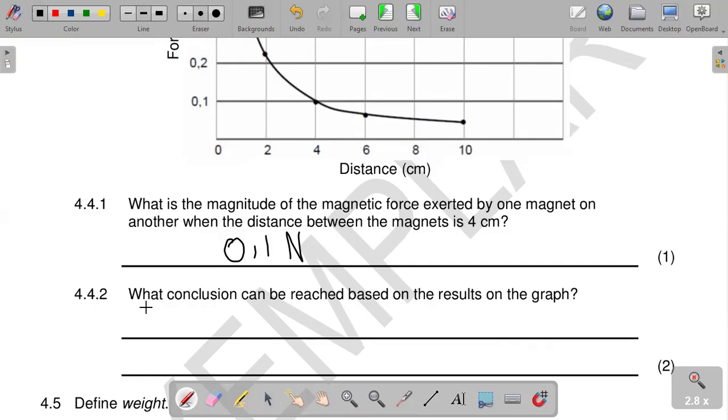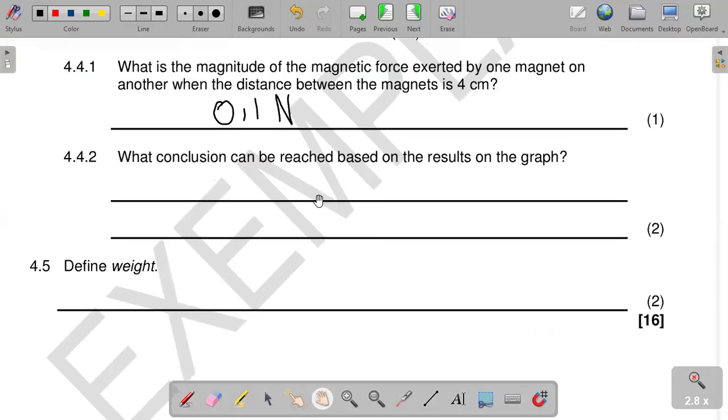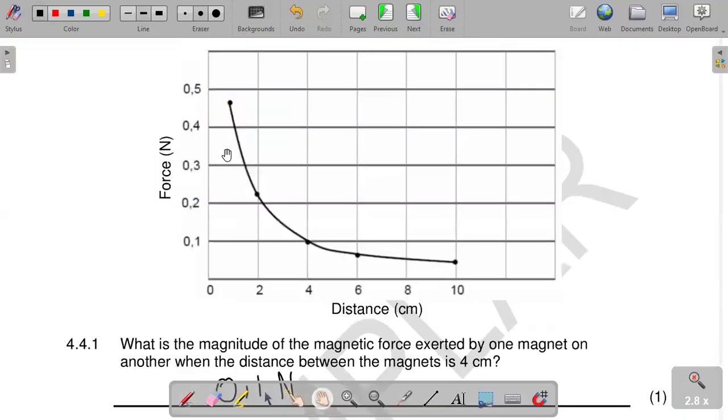They say, what conclusion can be reached based on the results on the graph? So what we see here is that, according to the graph, when the distance gets bigger, because when it's 2, it's above 0.2.